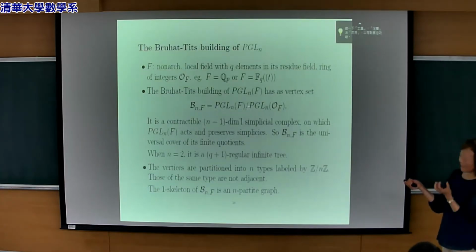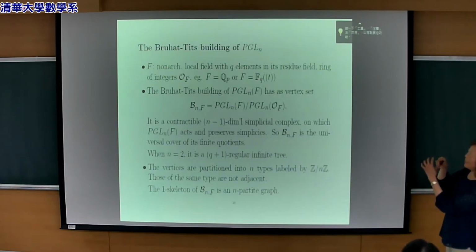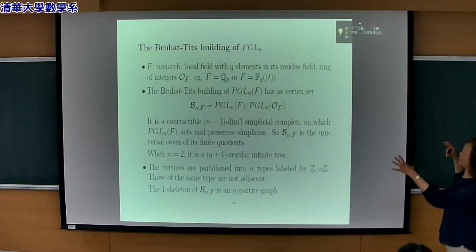So each vertex can also be viewed as an equivalence class of rank n lattices over F. Okay. So there's a way to define how two lattices are adjacent, etc. Once you know the adjacency, if you have 3 mutually adjacent vertices, then you have a triangle, and then you add in a face. If you have 4 mutually adjacent ones, then you have a tetrahedron, etc. You keep on growing.